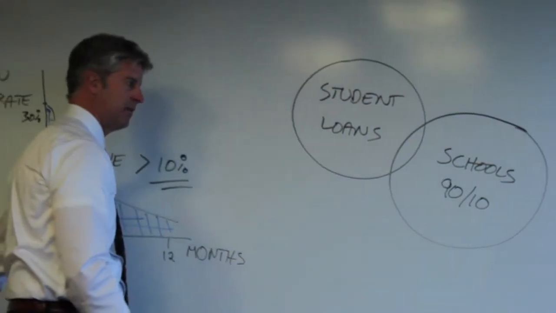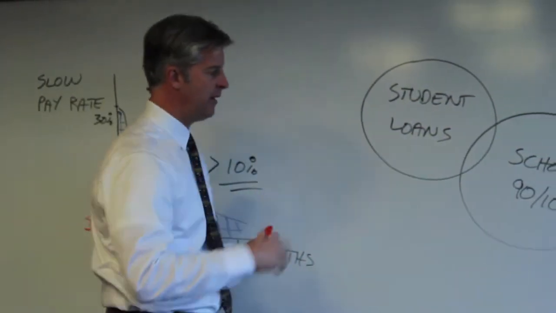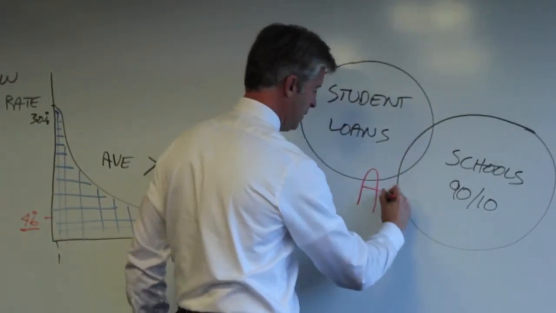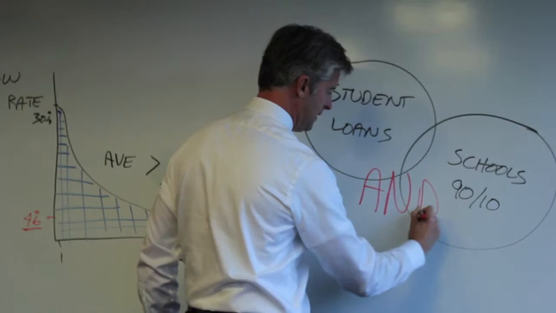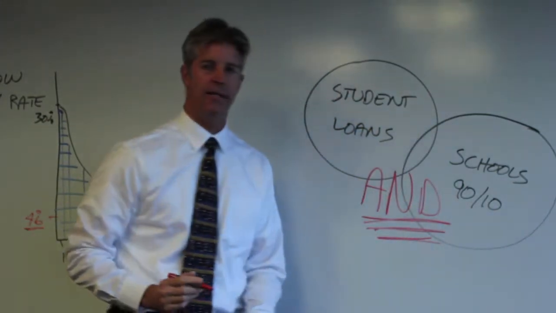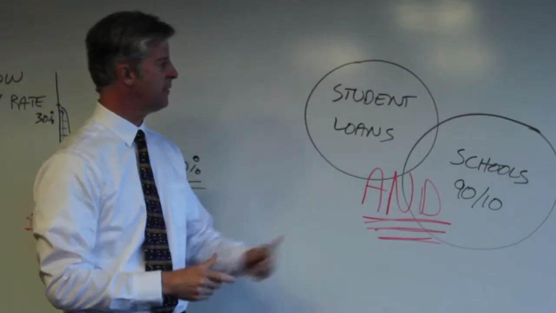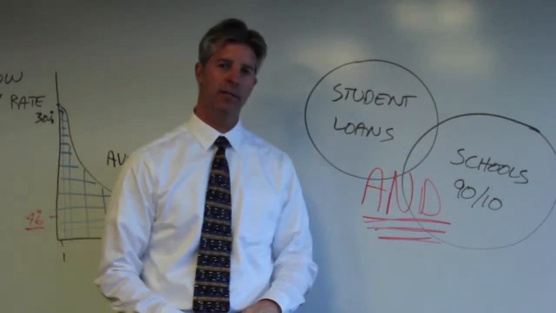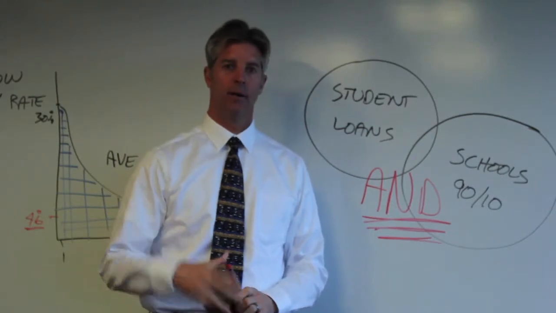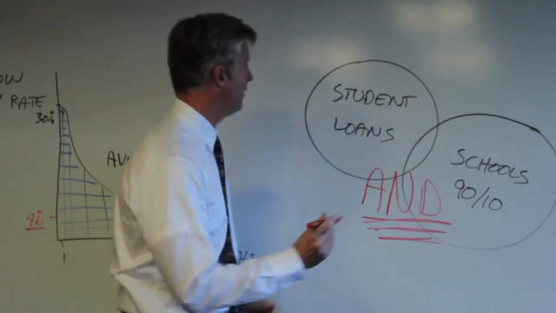And I'm going to go back to the red pen. The only way you can get a default is to put in very big red letters "and" between the two. You have to have the students defaulting and the schools not paying us. And it's better than that. Why?